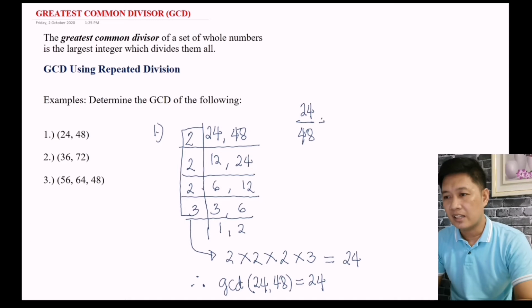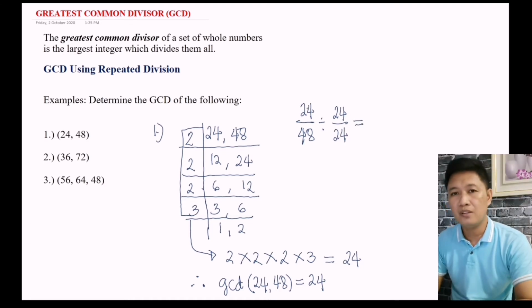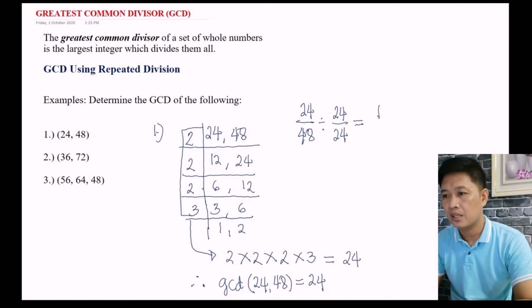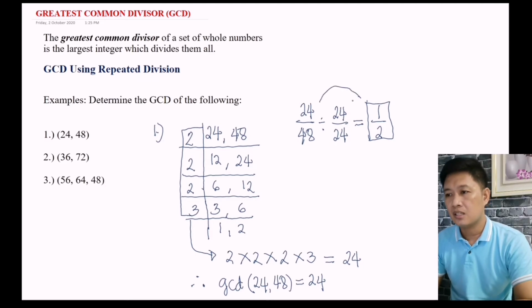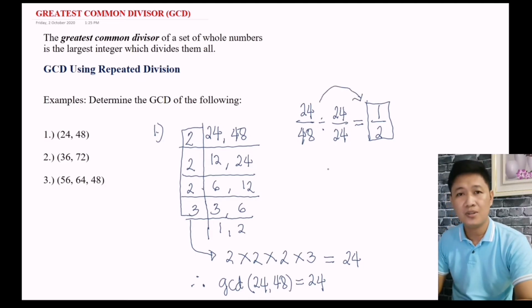So, i-divide lang natin itong 24 over 48 sa 24 over 24. 24 divided by 24 is 1, and 48 divided by 24 is 2. So, therefore, the simplest form of 24 over 48 is 1/2. Nasundan? Di ba malaking bagay na alam natin yun?